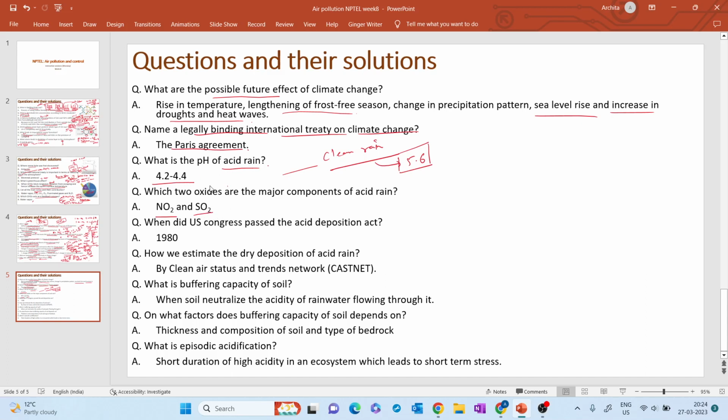The two major oxides which are the reason for the low pH of acid rain are NO2 and SO2, and they form HNO3 and H2SO4, nitric acid and sulfuric acid, via wet deposition and lead to acid rain.